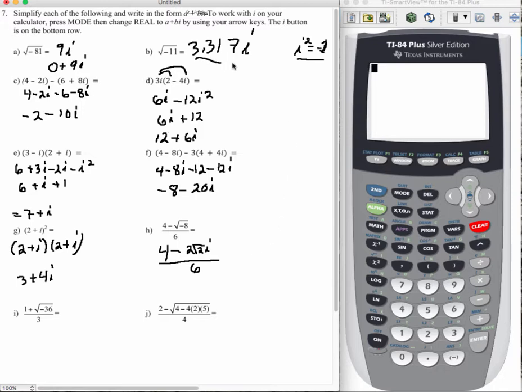Obviously, we didn't do that up here in Part B, but I'm pretty sure they want us to give them back exact answers whenever we can. All right, now we notice that there is a common factor of 2 between the numerator and denominator. 2 goes into 4 2 times. 2 goes into 2 here 1 time. And 2 goes into 6 3 times. So if we cancel off that common factor between the numerator and denominator, we end up with the following.